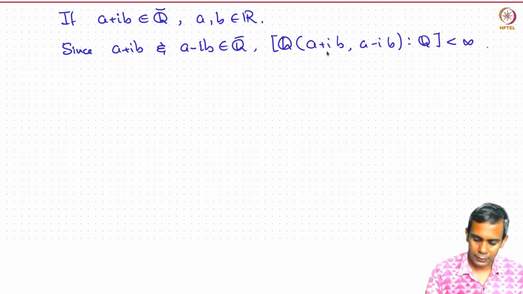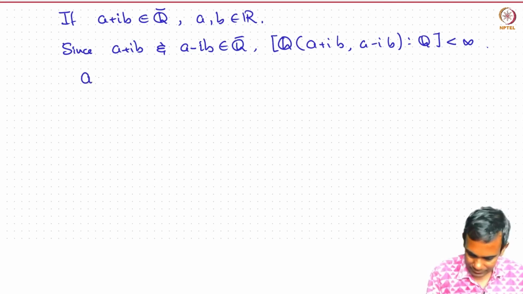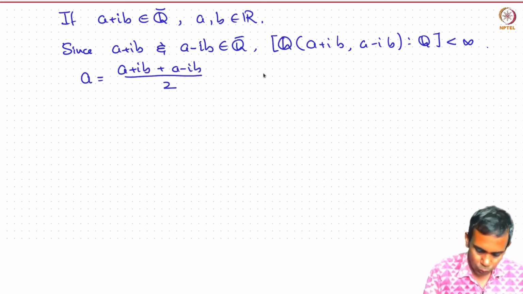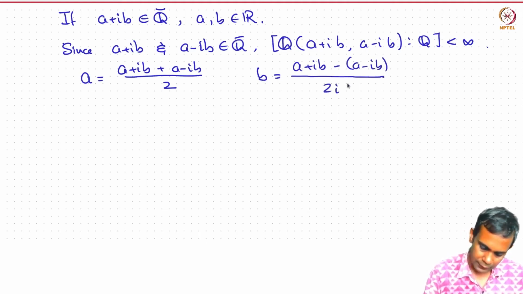And so, again by the same argument, it's generated by two algebraic elements. But a can be written as (a + ib + a - ib)/2, and b can be written as (a + ib - (a - ib))/2i.